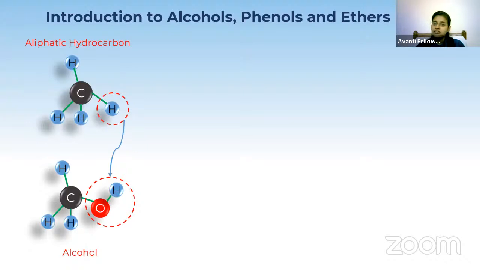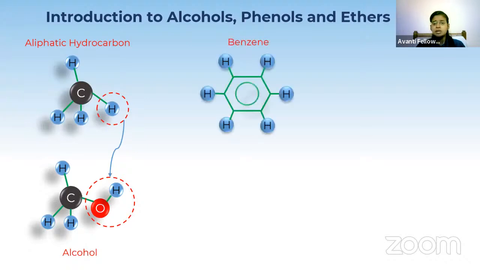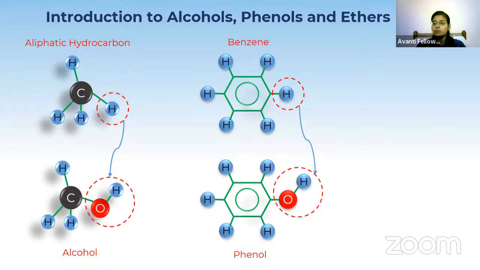Now, what is a phenol? Phenol is derived basically from benzene, that is C6H6. In benzene, we have 6 hydrogens. If one of the hydrogens is replaced by OH, then we call the compound phenol. C6H5OH is called phenol.